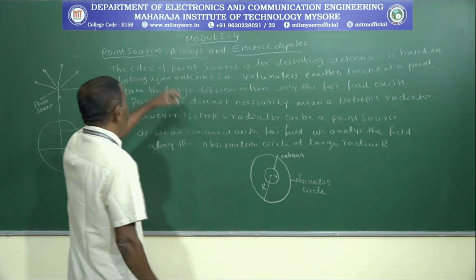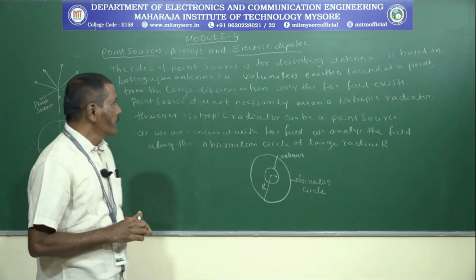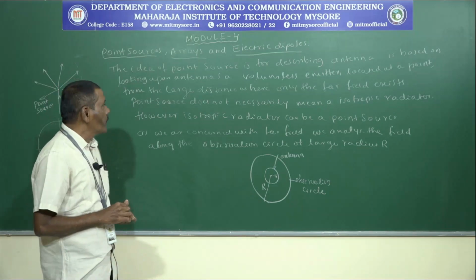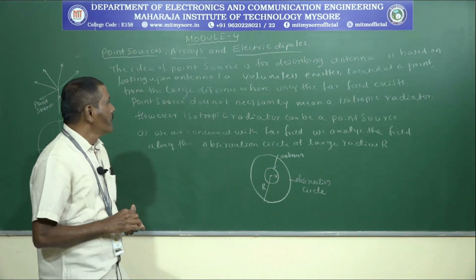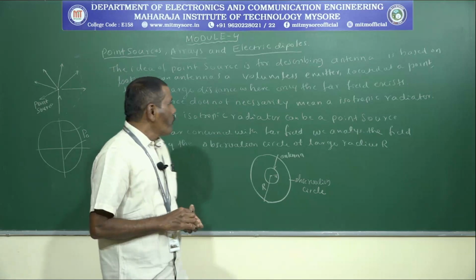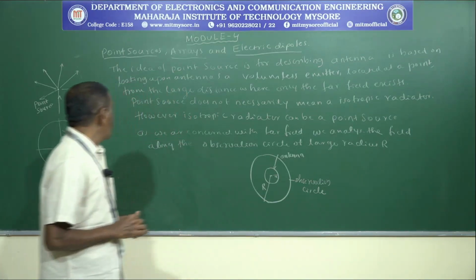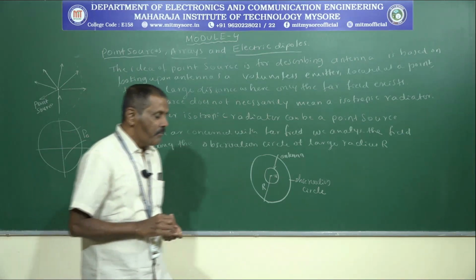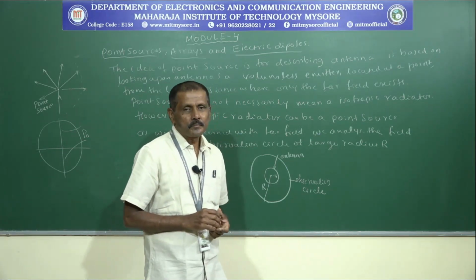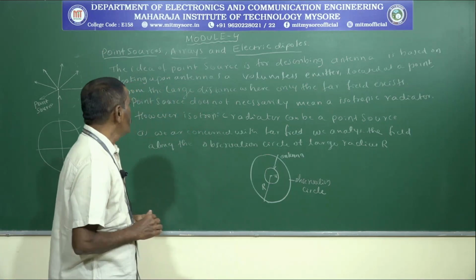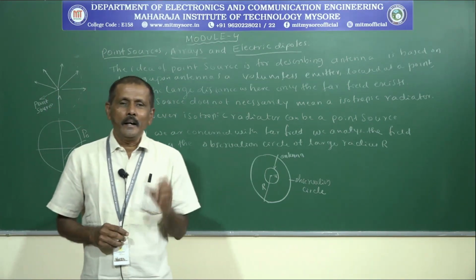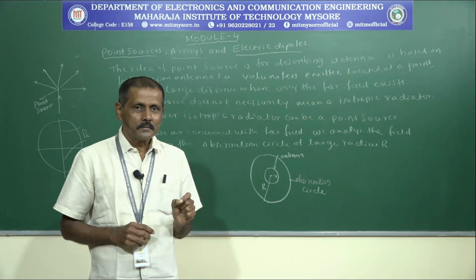So, the idea of a point source for describing the antenna is based on looking upon the antenna as a volumeless emitter located at a point, at a large distance where only the far field exists. The meaning of this is that we are looking at an antenna as a point source.